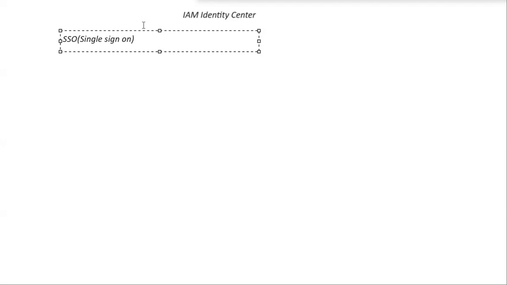Since I sign in only once, but sign up many times, we call it single sign on. And in this case, I don't even need to remember multiple passwords every time. Yes, right? Yeah. So you can use this feature in IAM Identity Center.